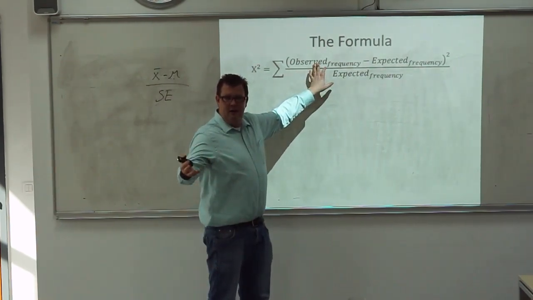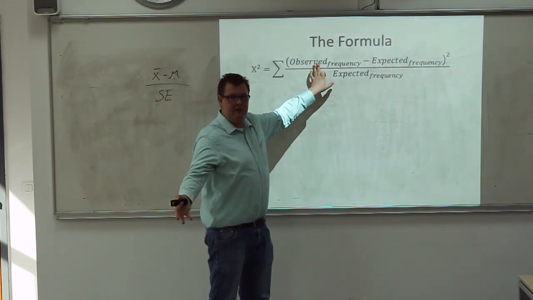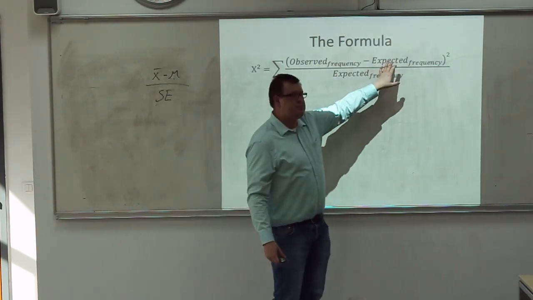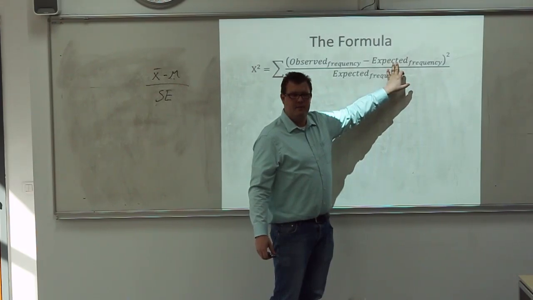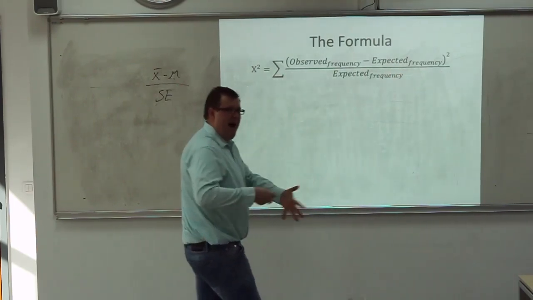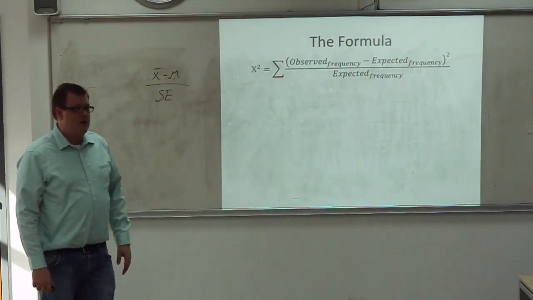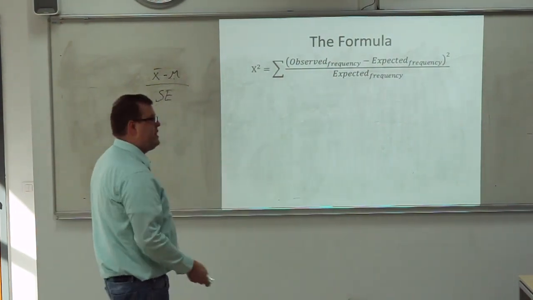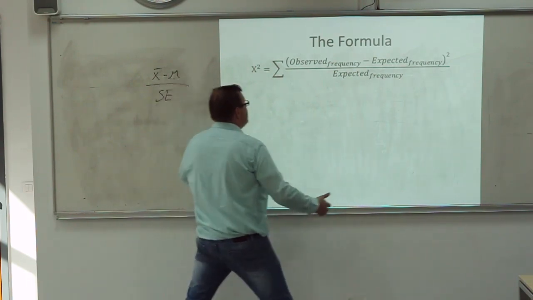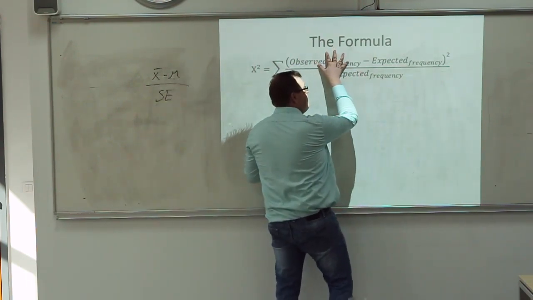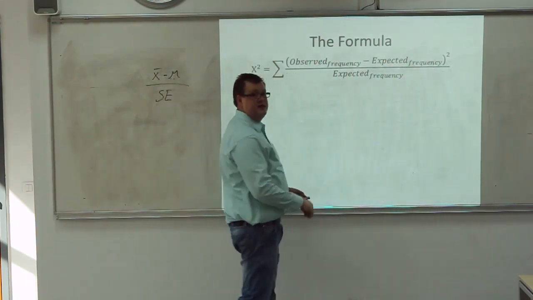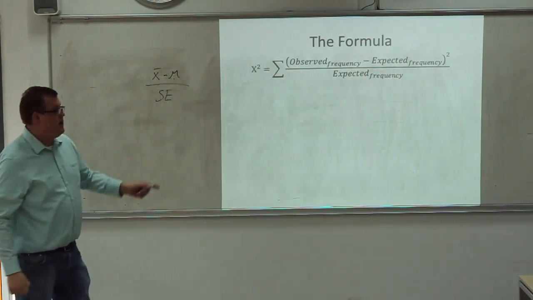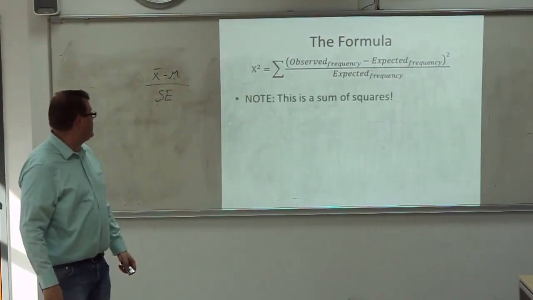So we had 9 males that we observed, and we have some expected frequency, the hypothesized frequency. We'll see what it is in just a minute. Anyway, we're squaring the difference between the observed frequency and the expected frequency, and then we're dividing it by the expected frequency.